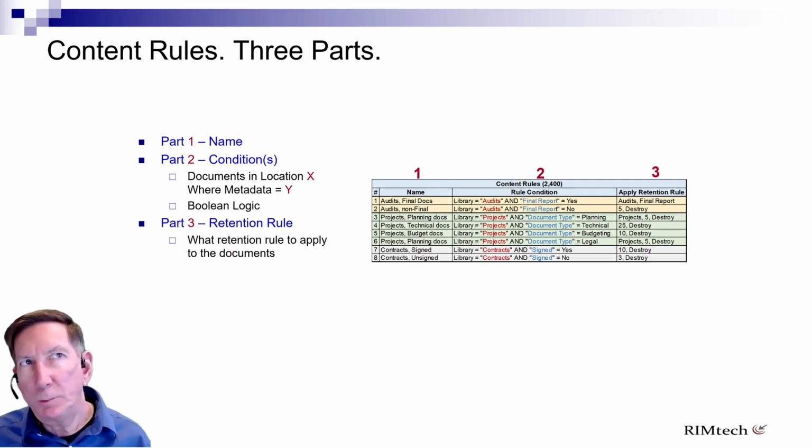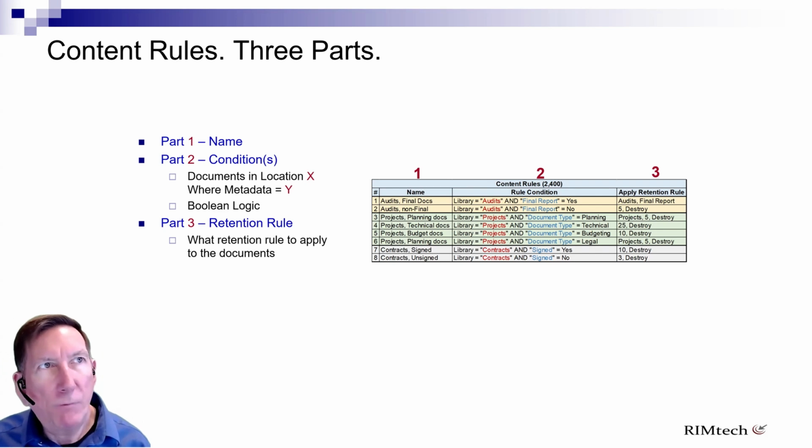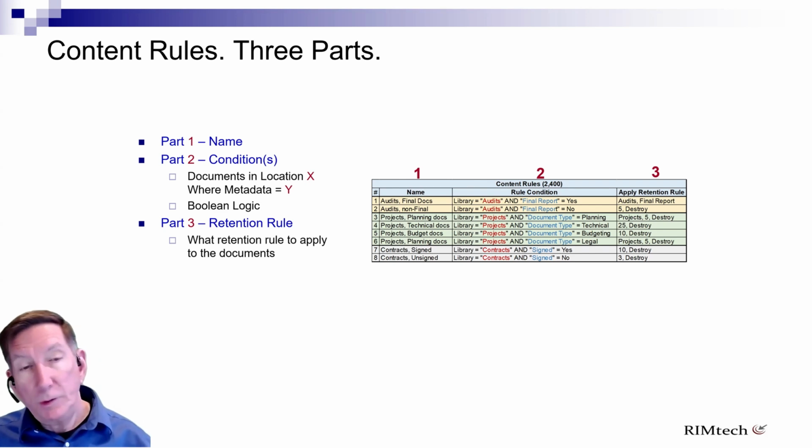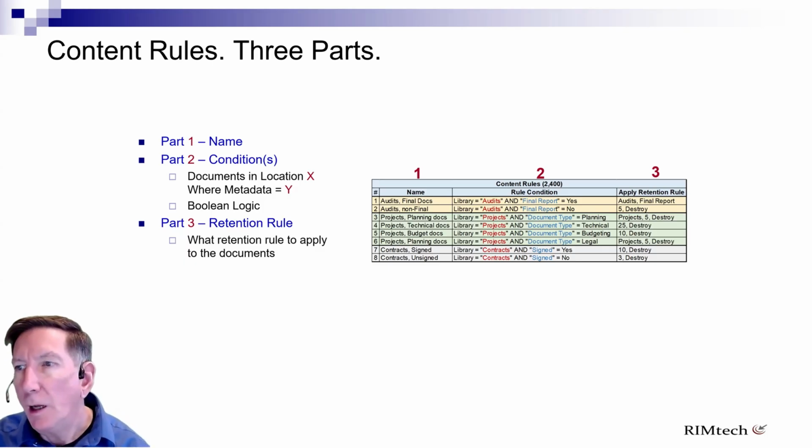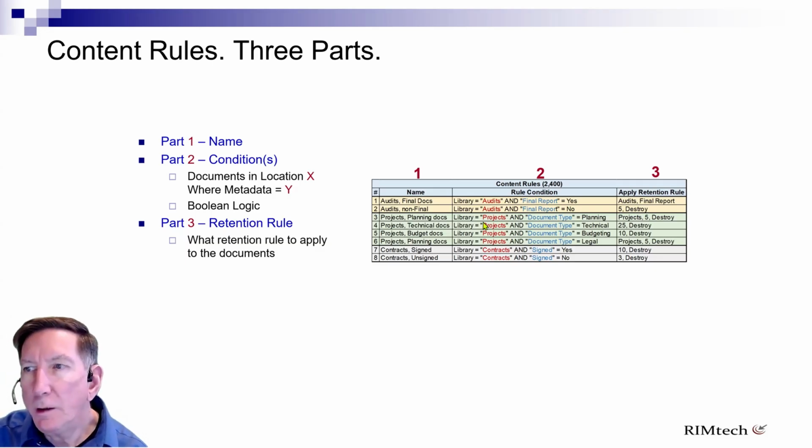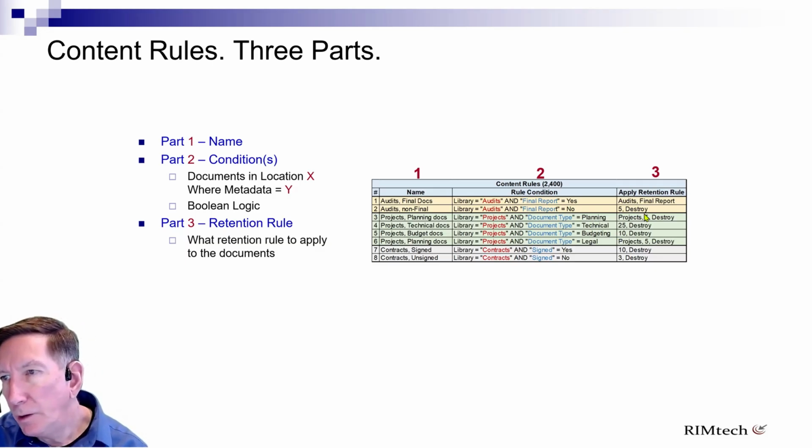But once the project is built, be it a bridge, a building, could be anything, then the final drawings generally are kept permanently, right? So you want to be able to assign a different retention rule to different content. And that's how we do it in this particular library. So each of the document types can have a different retention rule. Notice that planning documents and legal documents both have the same rule, right? It doesn't have to be different for each one.